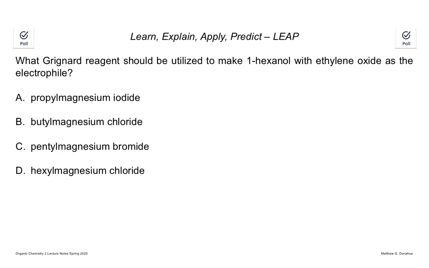Okay, so say we want to make 1-hexanol. So we're going to think backwards now. So that's 1-hexanol. And we want to make that using ethylene oxide as the electrophile and then one of these as the nucleophile.